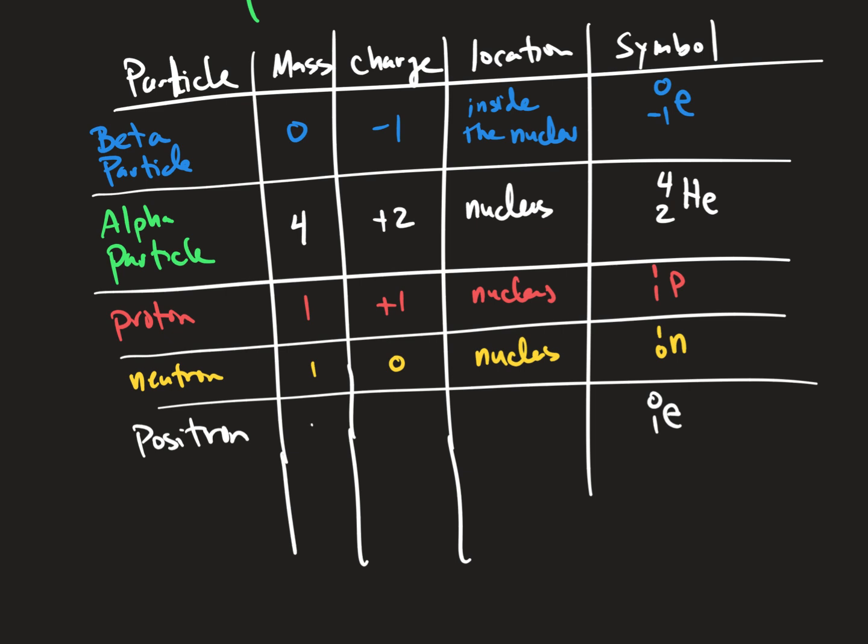So its mass is 0, charge is positive 1, and it also comes from the nucleus. I took a class called nuclear particle physics. There's a lot more particles in the nucleus than just 2. We're not going to talk about all of them, but these will come out of the nucleus, and we'll talk about what happens and what the products are.